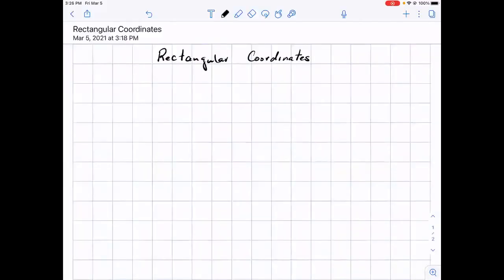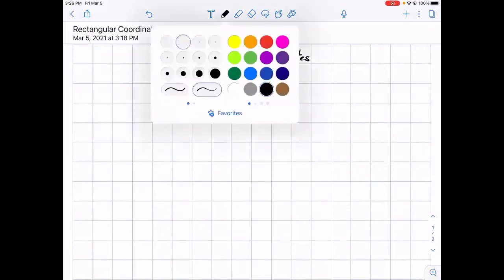Hello, in this video, we will talk about the rectangular coordinates, which is also known as the rectangular coordinate system or the Cartesian plane. Okay, so there are a few names for this.